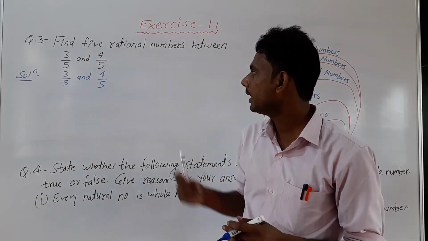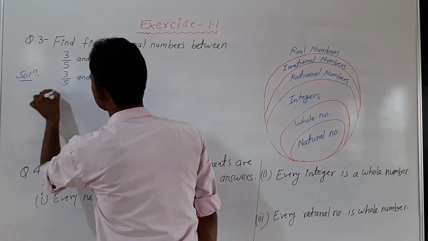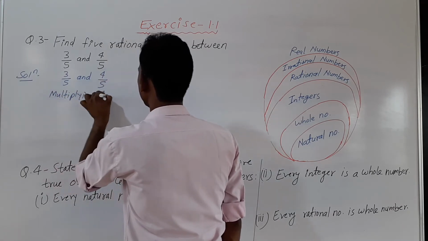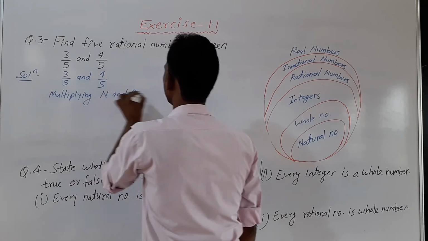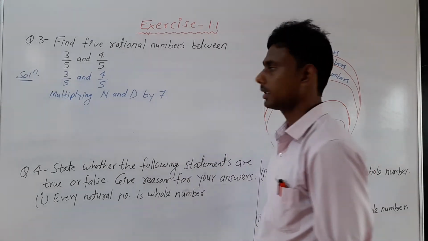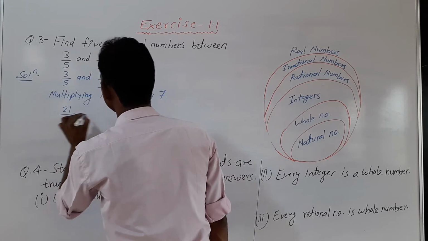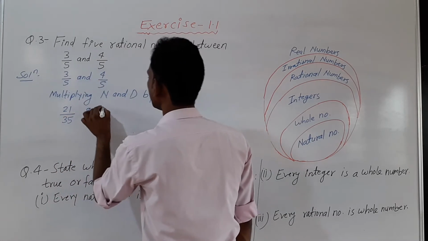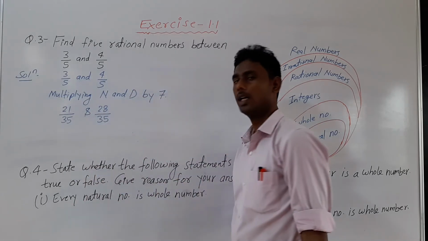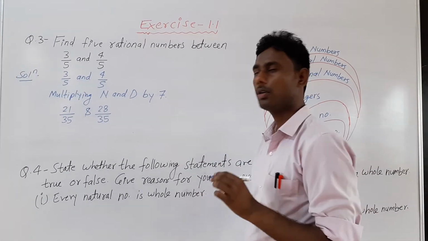So we have to multiply numerator and denominator by 7. We get 21/35 and 28/35. Now we have to write the 5 rational numbers between 21 and 28.